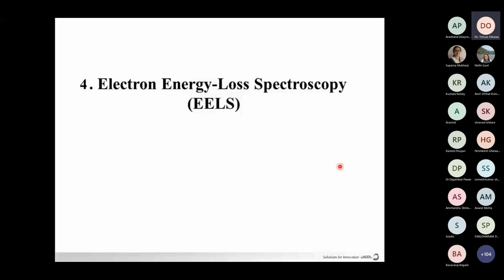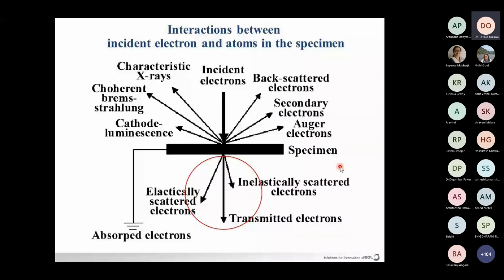Now, the next subject, electron energy loss spectroscopy. As the specimen is very thin, elastically scattered and inelastically scattered electrons are generated in the transmitted electrons. These transmitted electrons can be analyzed by the spectrometer. Mainly, the inelastically scattered electrons carry chemical information from the sample.